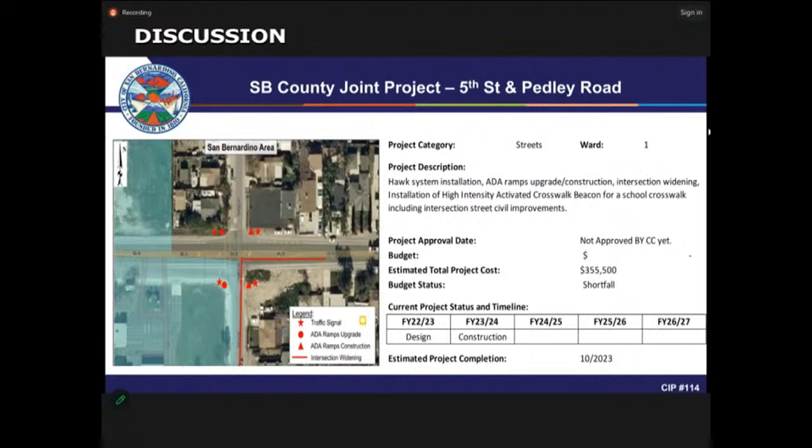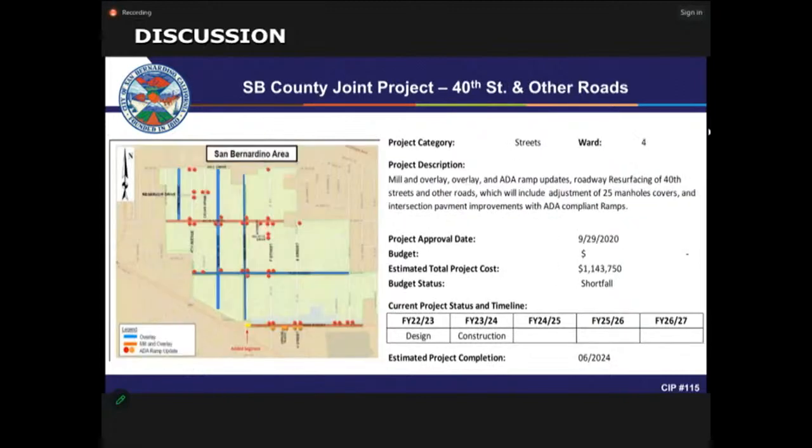The next project is the last project with the county, at 40th Street and other roads. The project description includes mill and overlay and ADA ramp upgrades, roadway resurfacing of 40th Street and other roads. The total project estimated cost is 1.14 million.